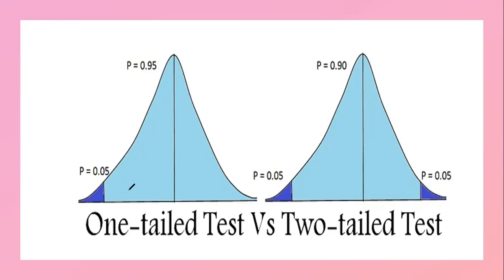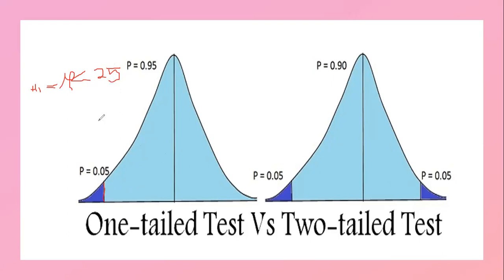See here, if your alternative hypothesis is less than, the population mean is less than 25, then it comes on the left-hand side of the rejection area.